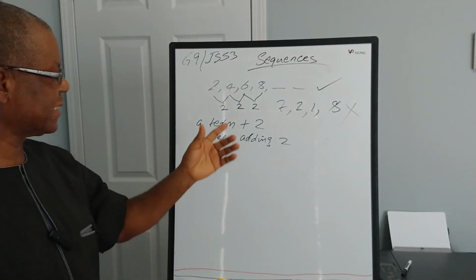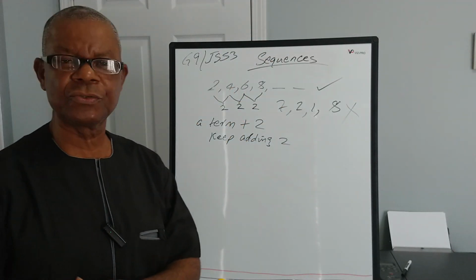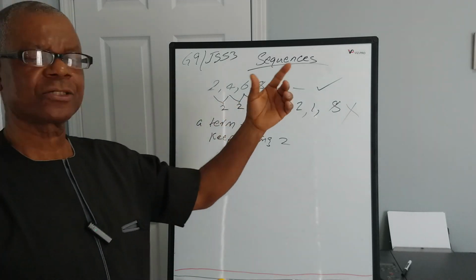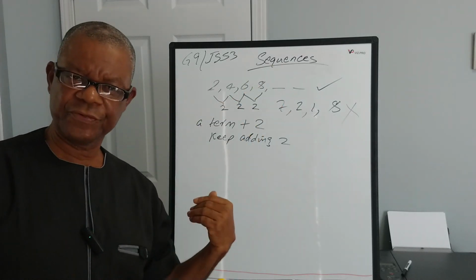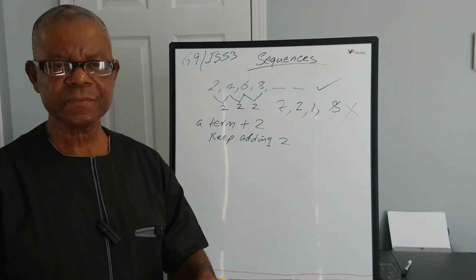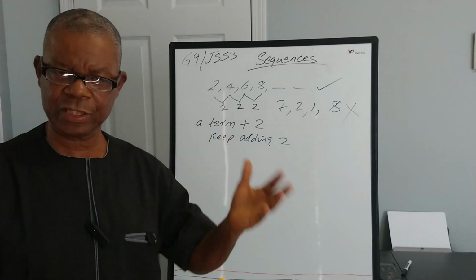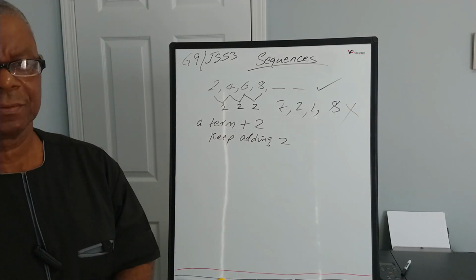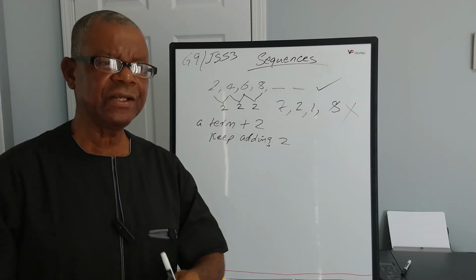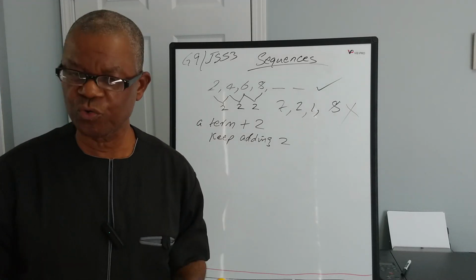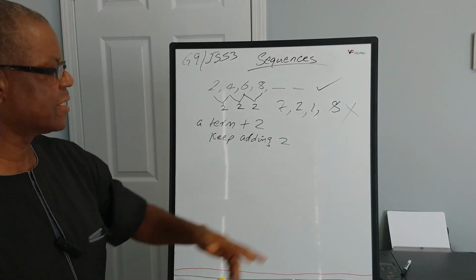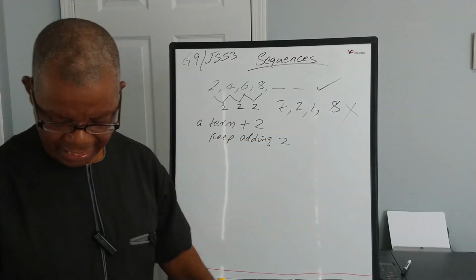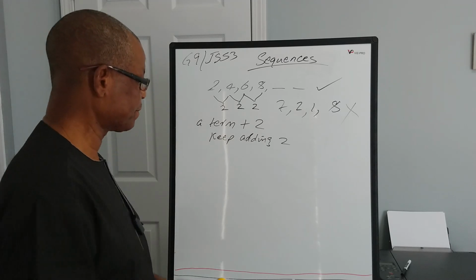For example, here the rule is add 2 to the previous term to get the next one. Another sequence may have another rule, but a sequence must have a rule. If a list of numbers has no rule, then that is not a sequence, as we have indicated here.